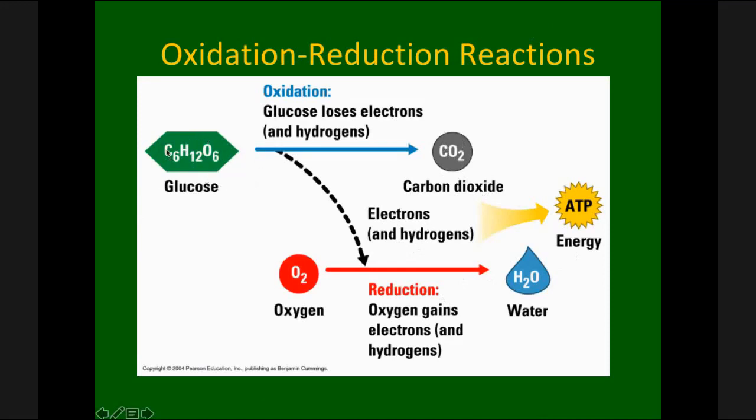So as we chop apart this 6 carbon sugar, we're going to yield carbon dioxide, and the hydrogen we're going to use in the electron transport chain, and some of it's going to combine with some of the oxygen to make water.